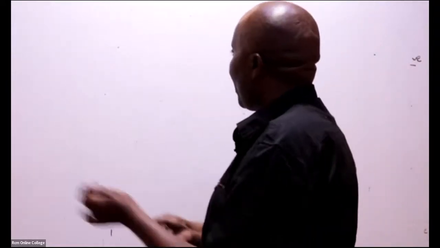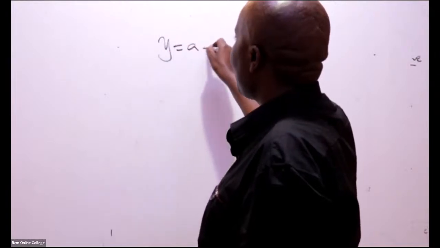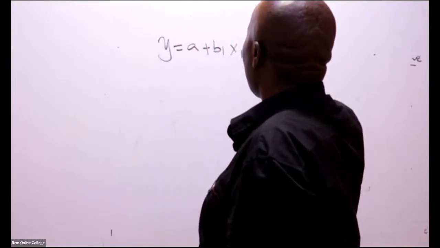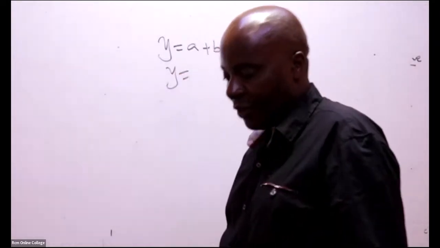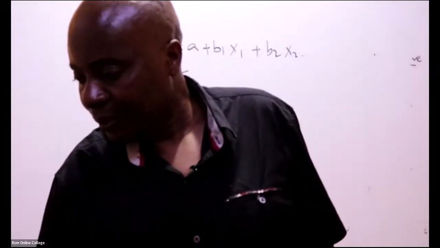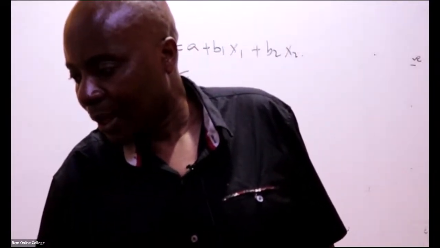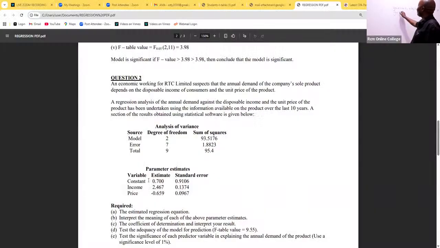So we have here y equals a plus b1 x1 plus b2 x2. A has been given in the question. A is 0.7, plus b1, which is 2.467 x1, plus b2, which is negative, so minus 0.659 x2.